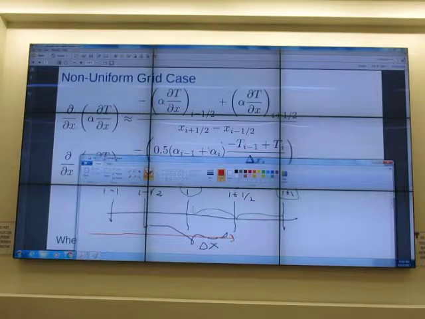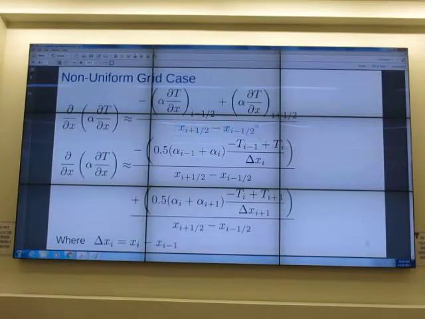Minus x i minus half, which is this line. Starting from somewhere we don't know, but the difference is the gap. That's the difference. Okay? We modified a little bit for non-uniform grid. What about alpha defined at i minus half? We do the same trick. We use the average.